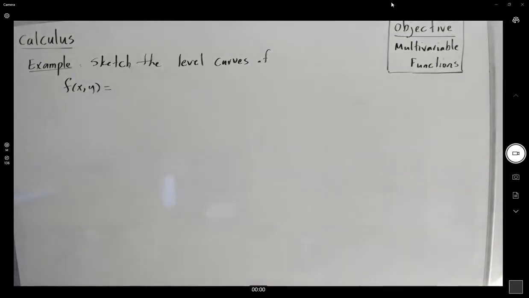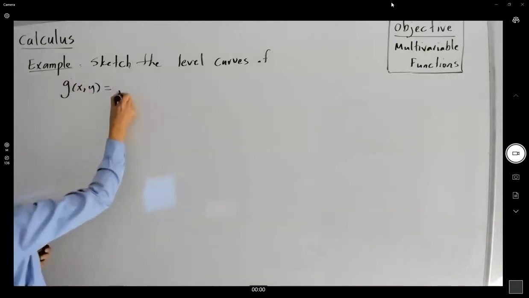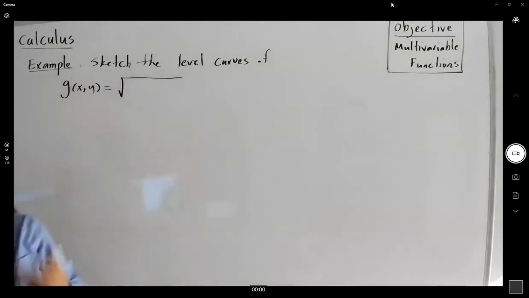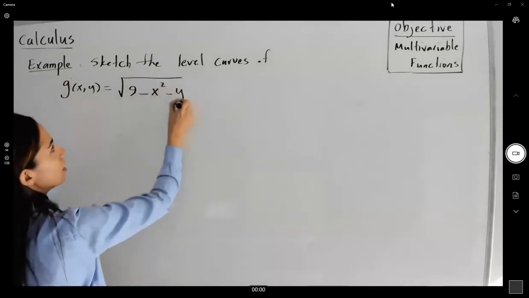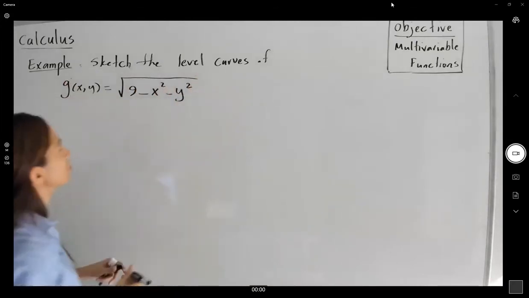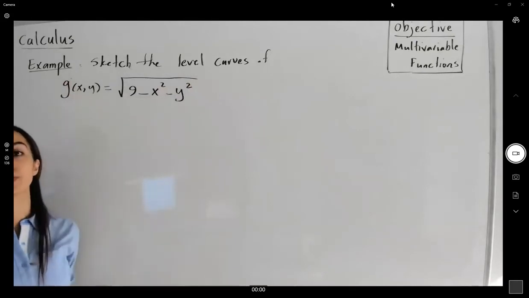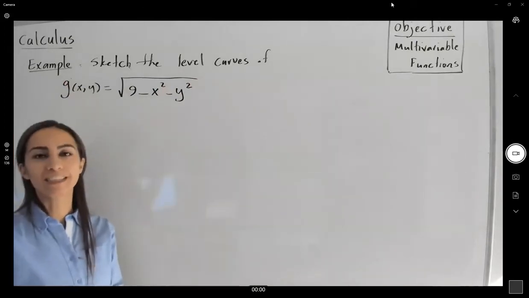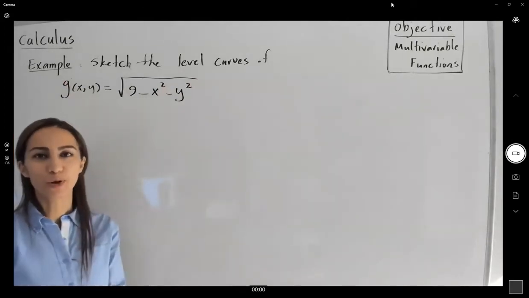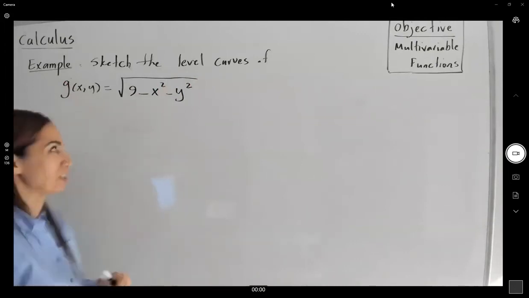So here we have g of x and y equals the square root of 9 minus x squared minus y squared. We don't have any k values. We don't know what z equals k is. So in this case, we have to fix z equals k and start solving the equation.